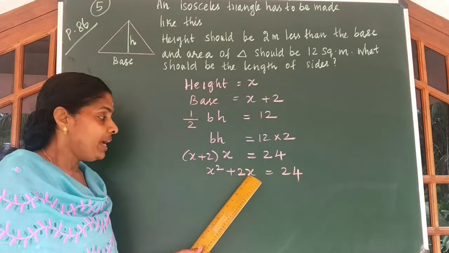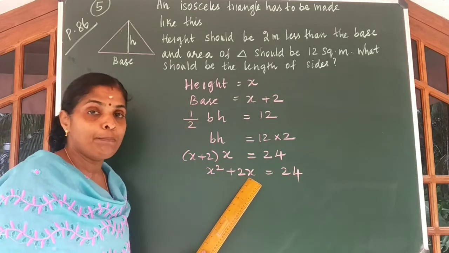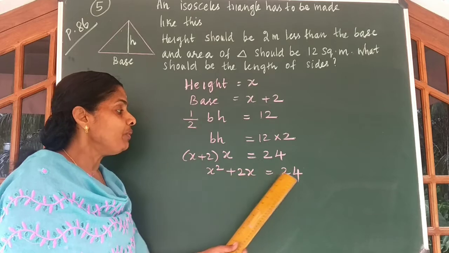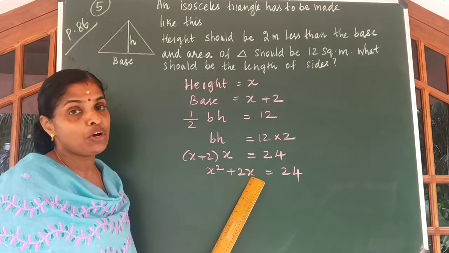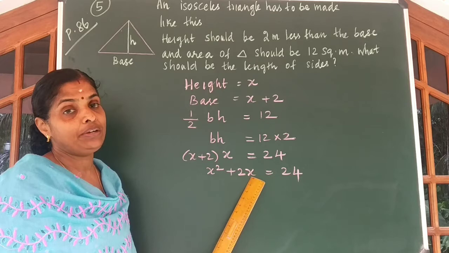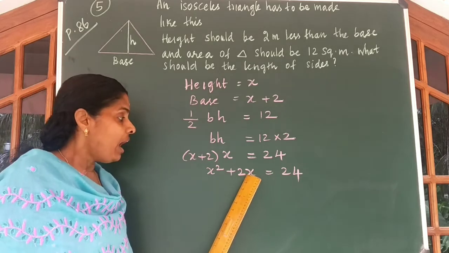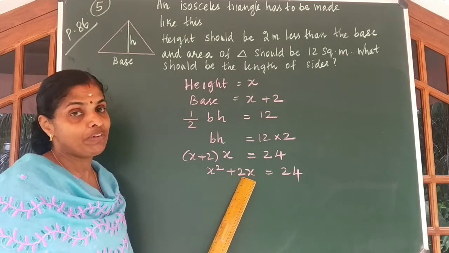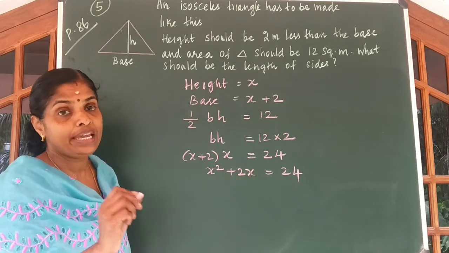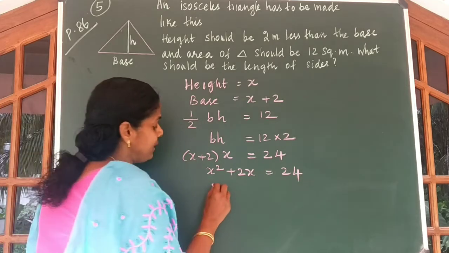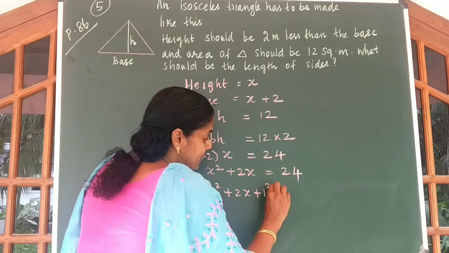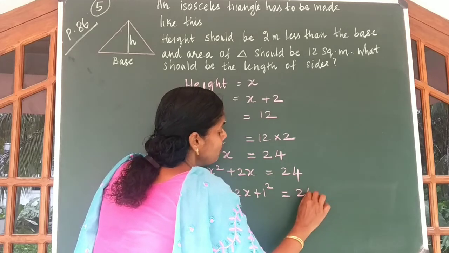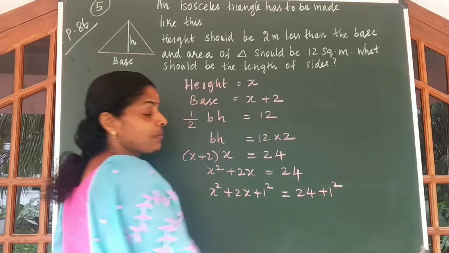Now we are using the method of completing squares to get the answer for x. x square plus 2x is not a perfect square. So what we do? We take the half of 2. It is 1. Now 1 square is added to both sides. So we get x square plus 2x plus 1 square is equal to 24 plus 1 square.